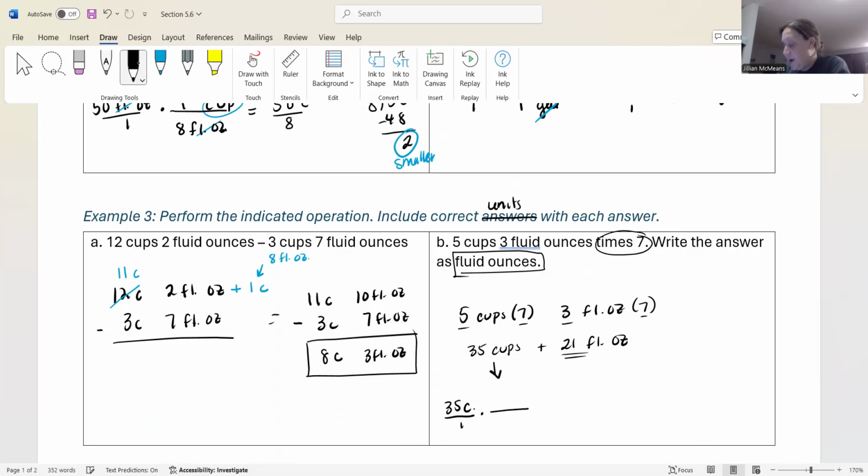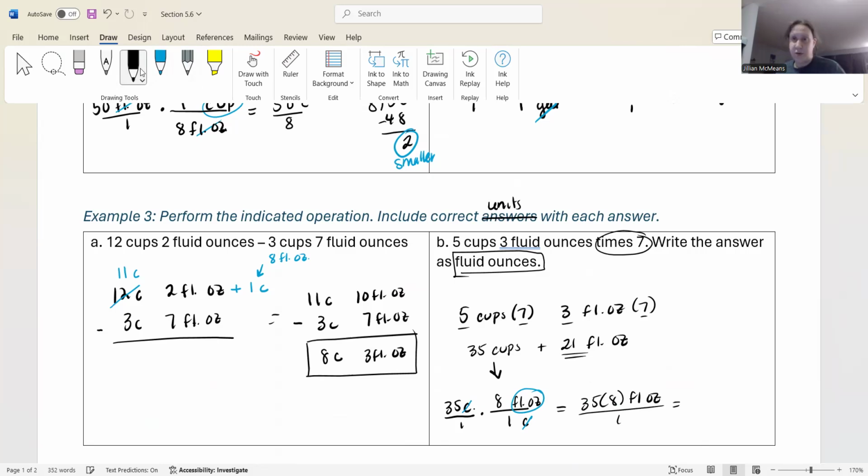I want to multiply that by a unit fraction that relates fluid ounces and cups. I want cups in the denominator so they cancel. So I'm going to have 8 fluid ounces over 1 cup. And as hoped, the cups cancel and we're left with fluid ounces in the numerator. So if I clean up, I get 35 times 8 fluid ounces over just 1.